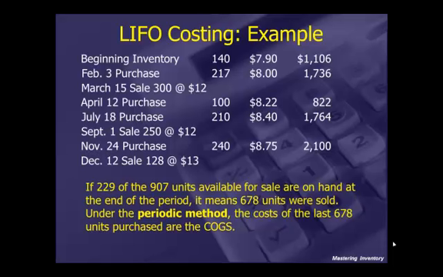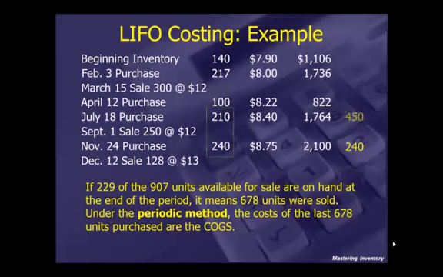Now, if 229 of the 907 units available for sale are on hand at the end of the period, it means that 678 units were sold. Under the periodic method, the cost of the last 678 units purchased are the cost of goods sold.